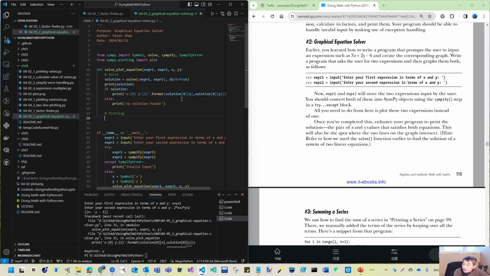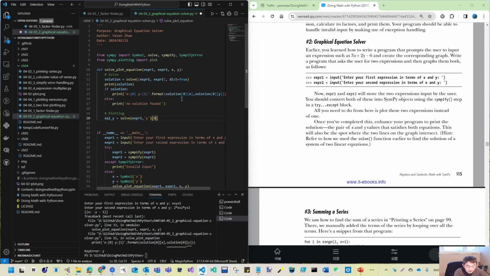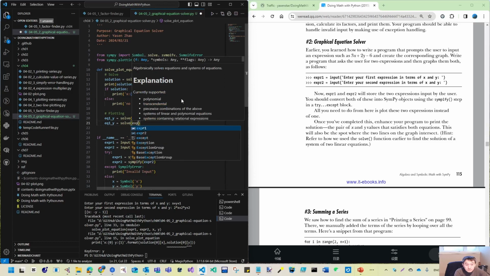So let's see. Equation 1 is to solve expression 1 for y. So y, and then we put that, find this 0, and equation 2 also y is the solve of expression 2.